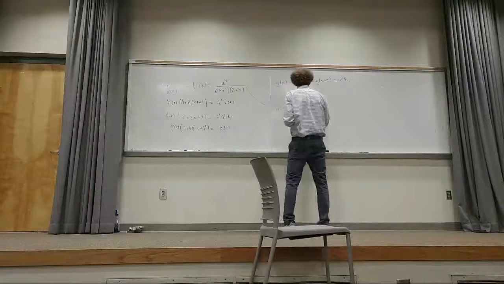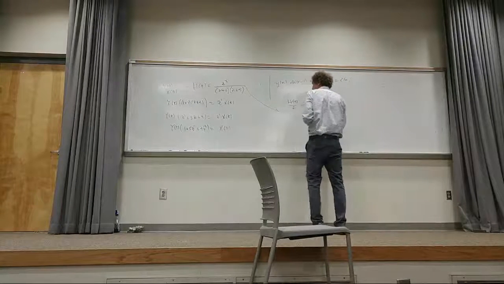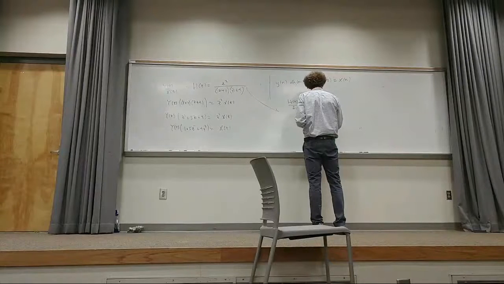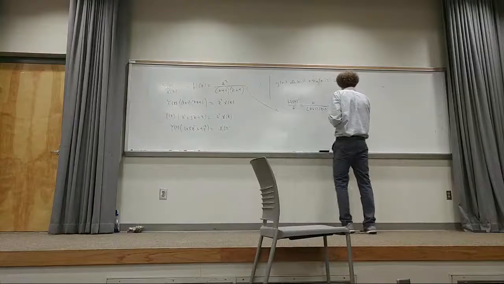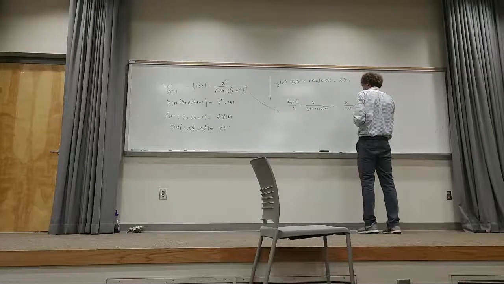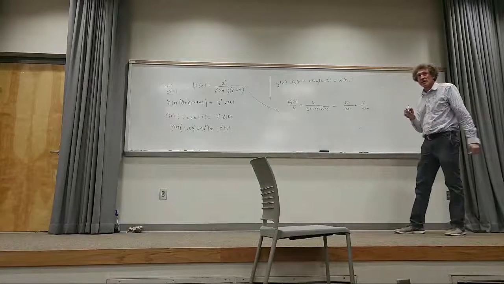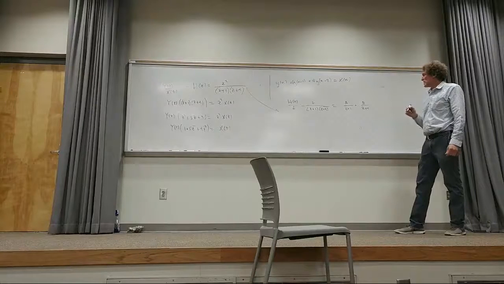And I end up with z over z plus 1 times z plus 4. That's equal to, I'll call it, a over z plus 1 plus b over z plus 4. Y'all agree with that? How do I go ahead and get a and b?